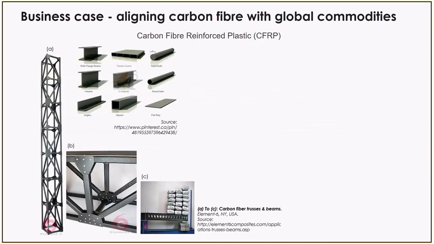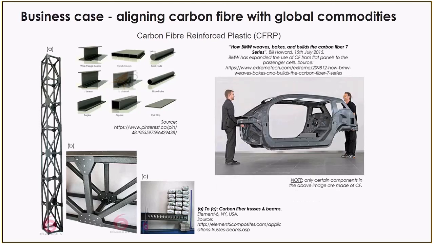So let's talk about some of the steel components here that we would replace. We'll be familiar with the steel equivalents of these components: I-beams, U-channels, round tube, flat strips, squares, and so forth. And you can start to see the strength of these components here as well. Perhaps one of the other markets where carbon fiber is really emerging is on the right-hand side.